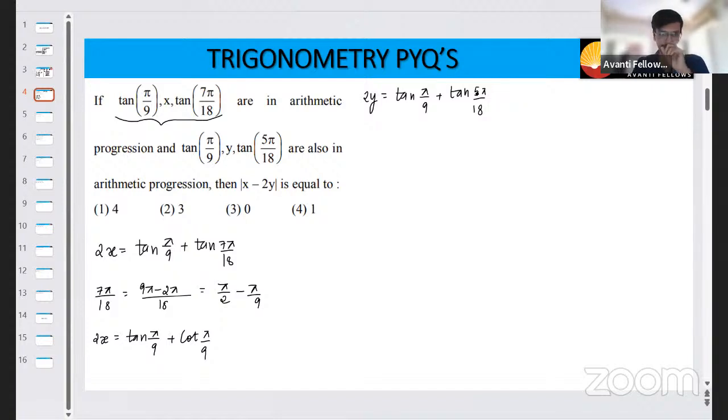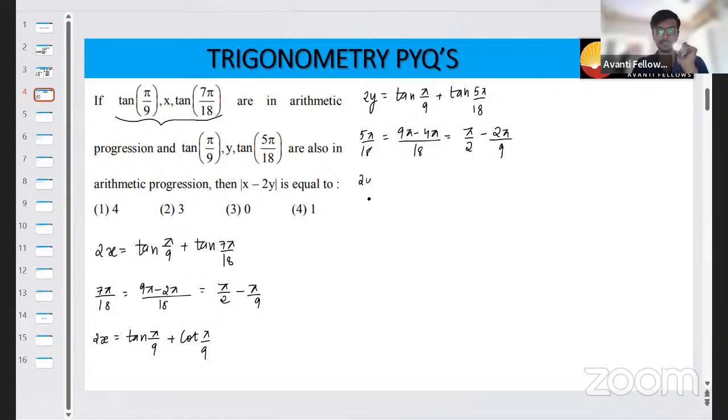Can we reduce 5 pi by 18 as well? Okay, let's see what we can do with 5 pi by 18. 5 pi by 18 can be written as 9 pi minus 4 pi by 18, which is pi by 2 minus 2 pi by 9.